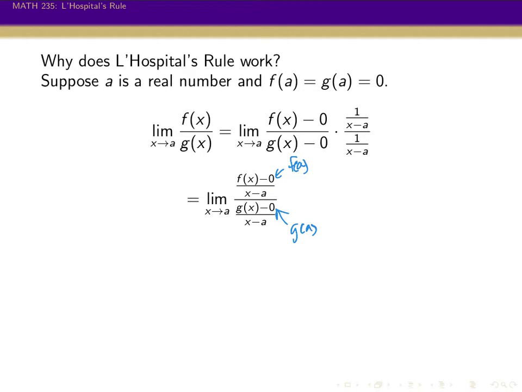And so this limit as x goes to a, the top overall is going to f prime of a, the bottom is going to g prime of a, and that's why we're allowed to replace the top and the bottom with f prime and g prime, right? Really, you can think about this fraction up top getting closer and closer to the derivative. The fraction on the bottom is getting closer and closer to the derivative, and that's why it works.